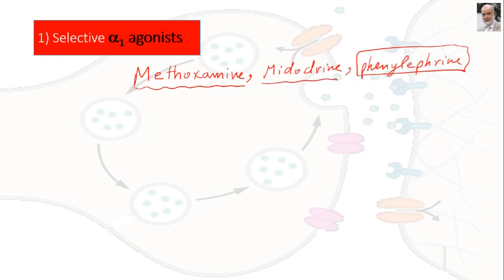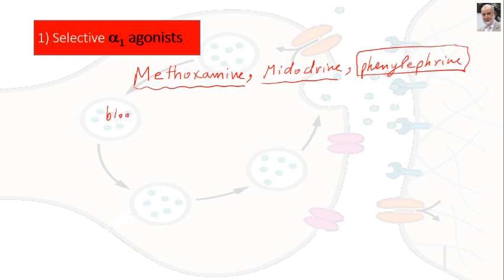Methoxamine and midodrine, of course, will have an alpha-1 action all over the body. For example, on the eye they produce mydriasis, on the GIT they produce inhibition of intestinal motility, etc. But the most important action that we are looking for is their action on blood vessels. So what do you think will happen on blood vessels?